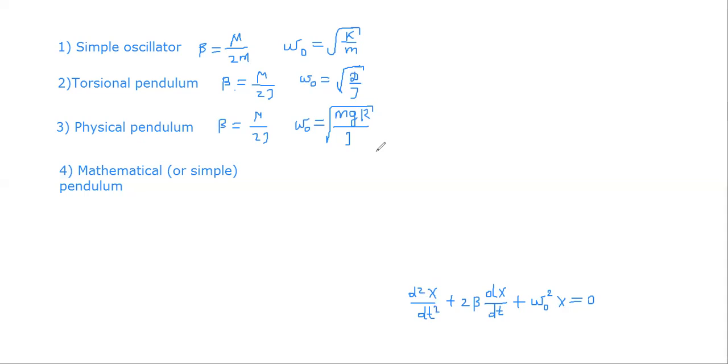And the last case, the mathematical pendulum: beta is equal to mu divided by 2m, and omega zero, the natural angular frequency, is equal to the square root of g divided by L. All formulas for natural frequencies we obtained in our previous lesson.